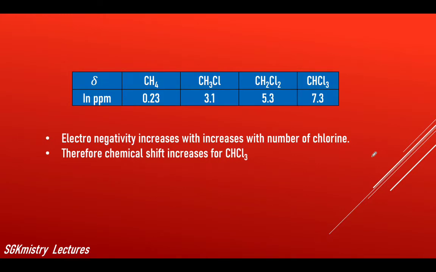So this is a simple example here. For CH4, next, by including one electronegative atom, chlorine, this gives CH3Cl, chloromethane. Then we have CH2Cl2, dichloromethane, and then CHCl3, trichloromethane.